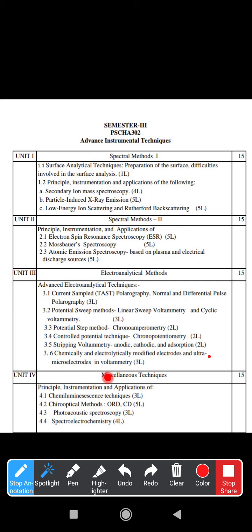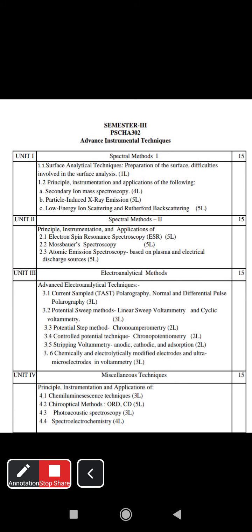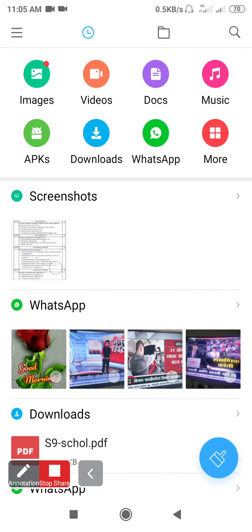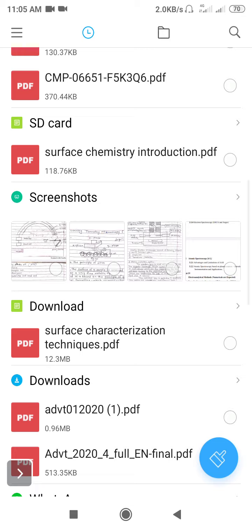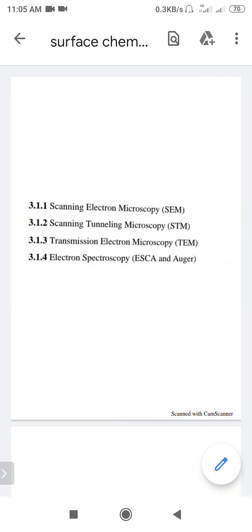Today we are going to start with spectral methods. In these methods we are mainly dealing with surface characterization techniques. We have already seen surface characterization techniques in semester 2, I guess.